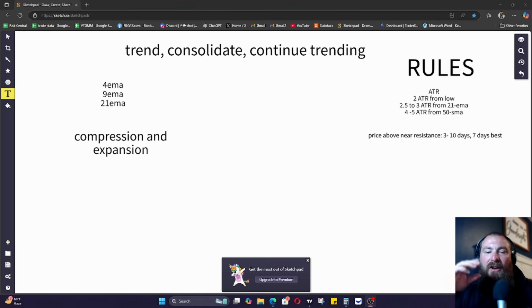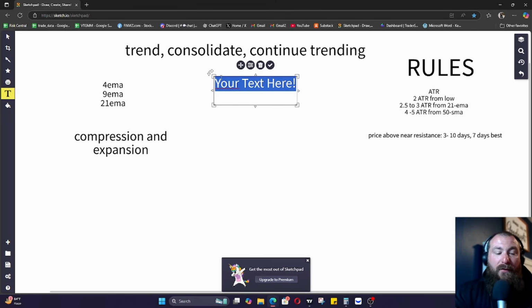There are nuances and rules, but at its core, we want price to be trending, we want price to consolidate, and then we want it to continue trending. The goal of swing trading is buying on the first day of the new uptrend. That is the core of low risk entry for swing trading when trading momentum.